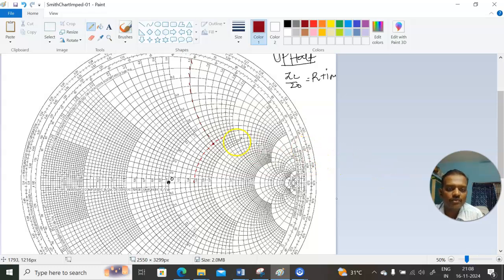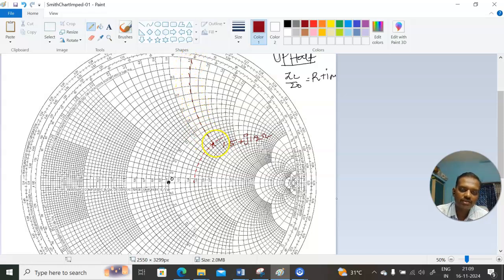Right now I have marked my normalized impedance value, 1.5 plus j1.2 ohms. From the x-axis, from 1.5, I shaded like this, and from the imaginary value present in the outer circle, 1.2, I created a dotted line.